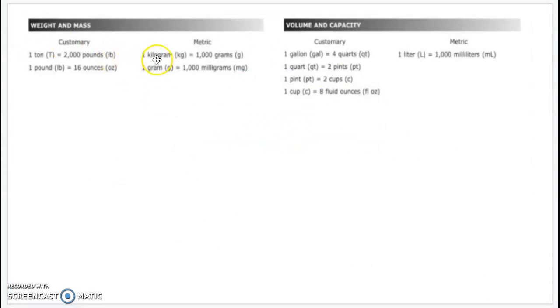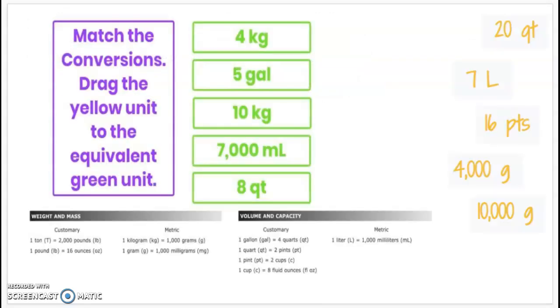Same thing with this. 1 kilogram is 1,000 grams. So if I have 2 kilograms, I have 2,000 grams. When we go from smaller to bigger, we're multiplying. If we go from bigger to smaller, we're dividing. So match the conversions. 4 kilograms is equal to how much? Kilograms equals 1,000 grams, so if I have 4 of them, 4 times 1,000 equals 4,000.